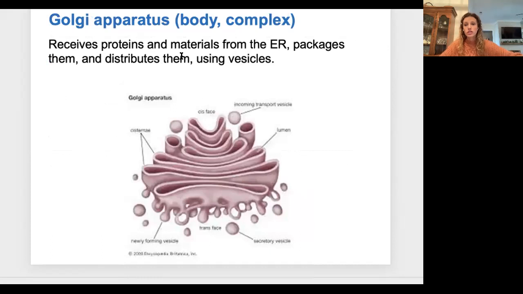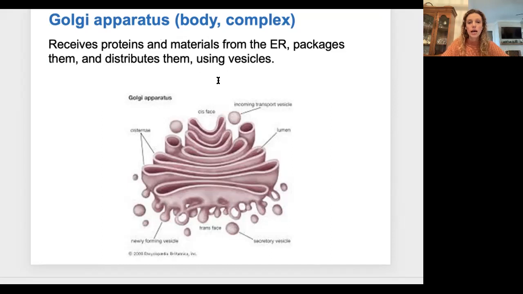Okay, so just like on the last one, how I told you that the endoplasmic reticulum kind of looks like deli meat, the Golgi apparatus is going to be the same way. The way that you can tell them apart is that the Golgi apparatus is not going to be super close to the nucleus. The rough ER and the smooth ER are going to be super close, almost touching the nucleus, whereas the Golgi apparatus is not.